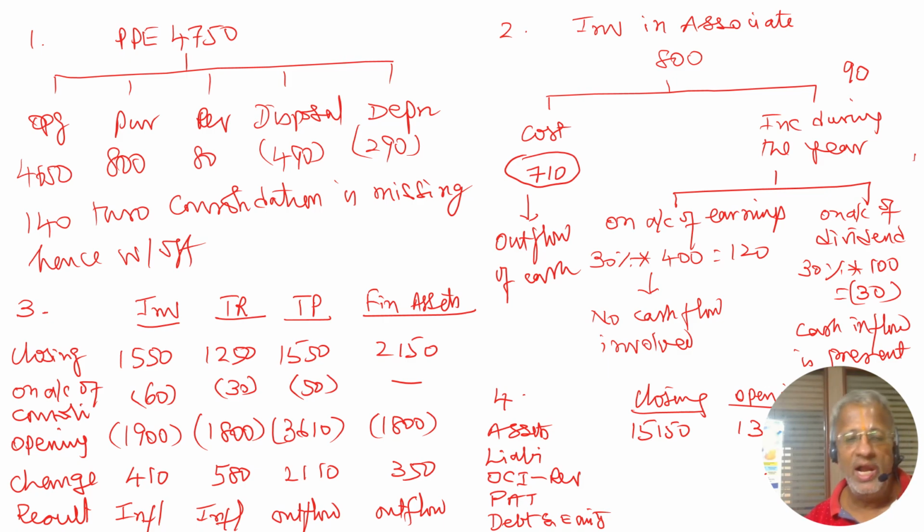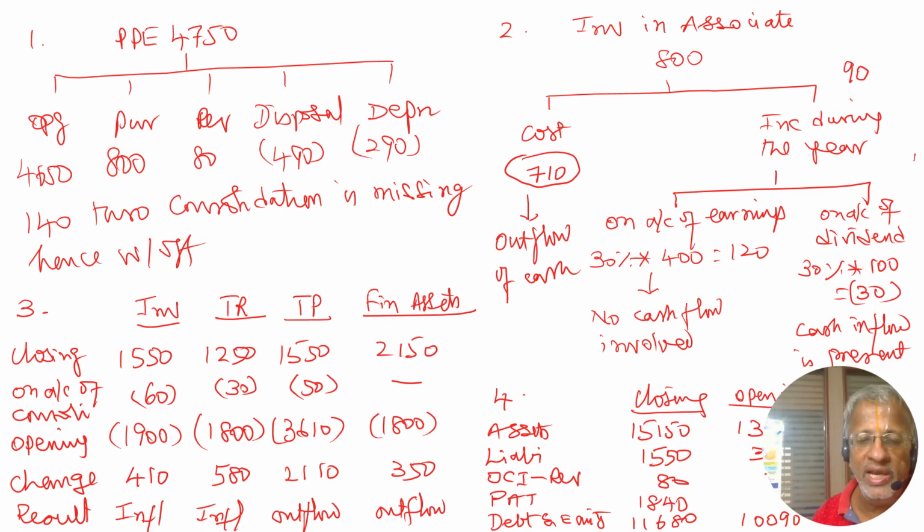Liabilities and OCI, PAT and the balancing figure is going to be debt and equity. So if I deduct liability both at the beginning as well as at the close, what I get is generally to be considered as equity. Under that you have OCI, you have PAT. By doing that, you end up with debt and equity as 11,680 and 10,090.